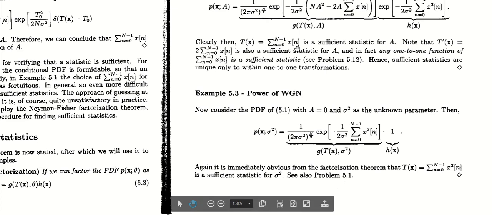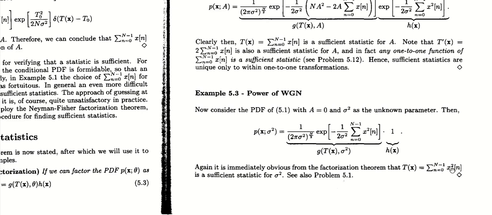You see this is summation of x, and this is summation x squared. So you see that a sufficient statistic always corresponds to a specific parameter. It's unique with that parameter.